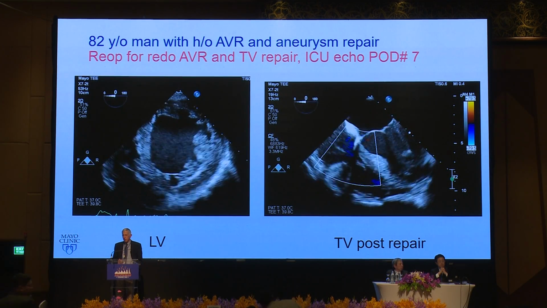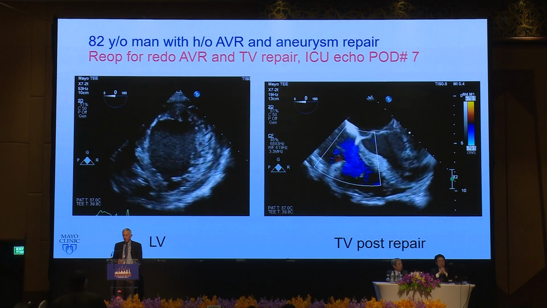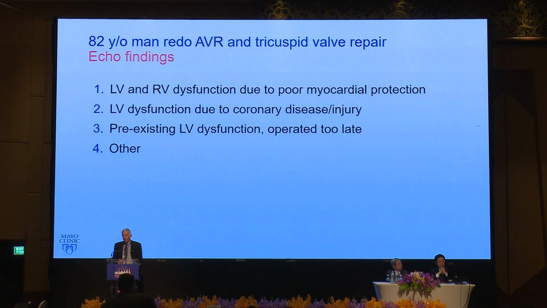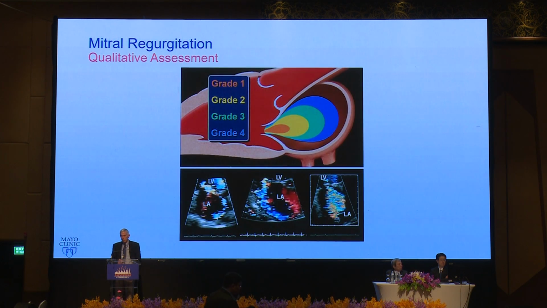There's no tricuspid regurgitation, but the ventricle's poor. Is this RV and LV dysfunction due to poor myocardial protection? Maybe coronary disease that was unrecognized? Maybe LV dysfunction, we operated too late, or something else? So think about those things.